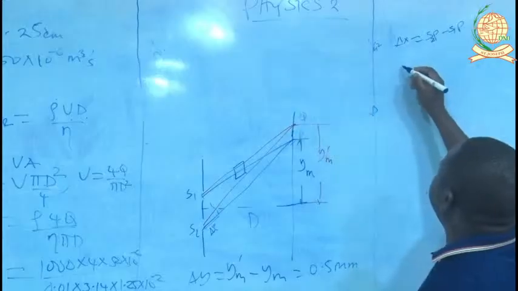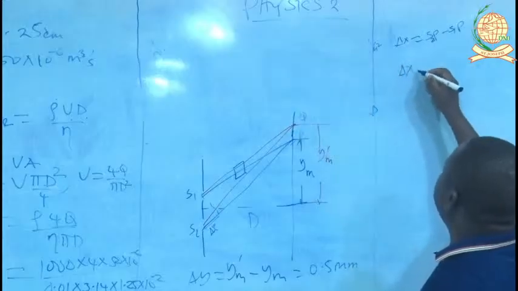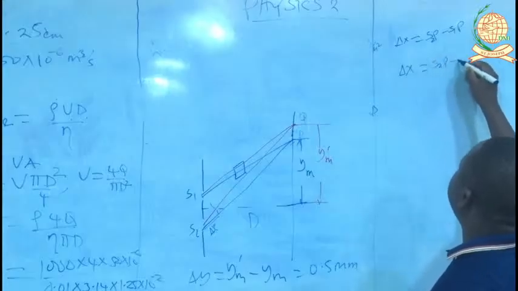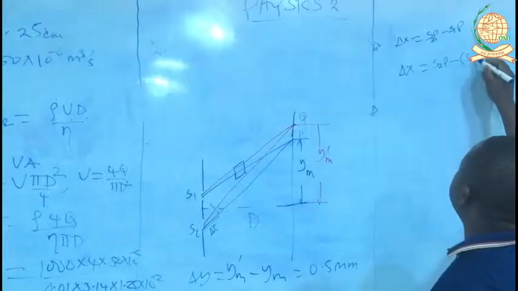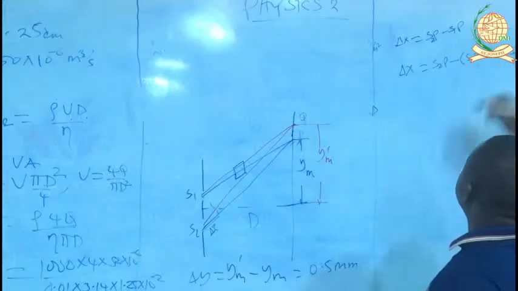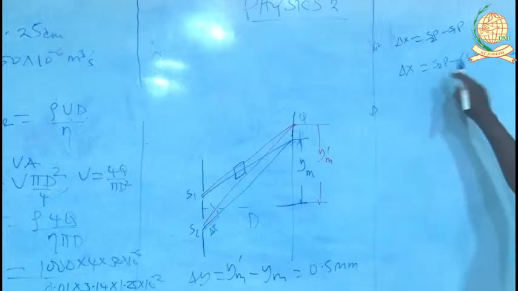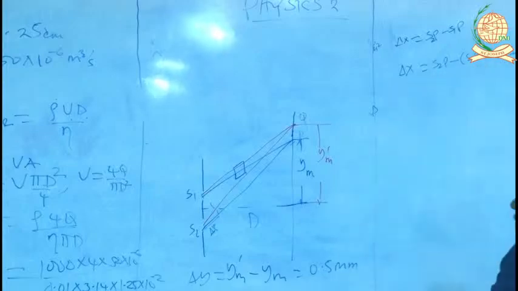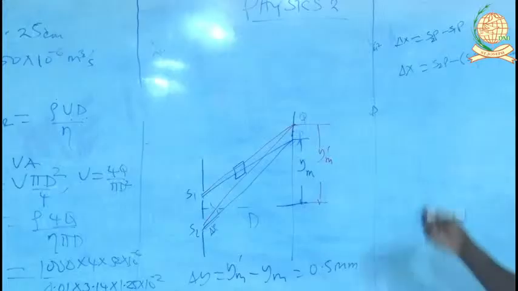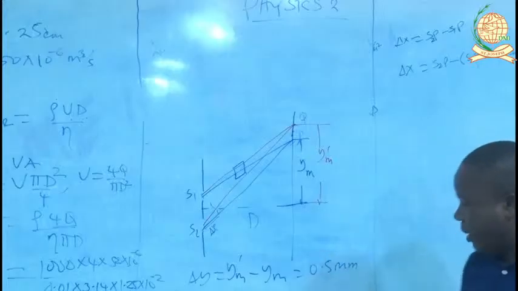So now path difference will be equal to S2P minus S1P plus the increase in the path times t. So if you open up, you come up with this one. That's where this equation is coming from.